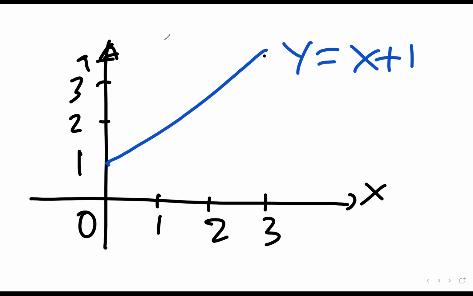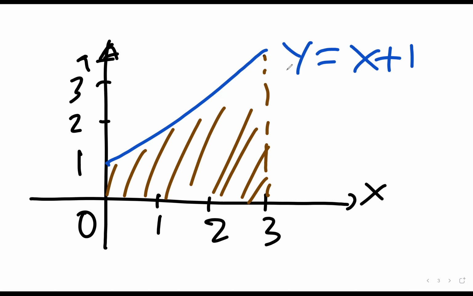And the area under the curve here is the area of a trapezoid. And we know how to compute the area of a trapezoid: just take the average of the parallel sides multiplied by the length. Here the side length is 4, and here the side length is 1.